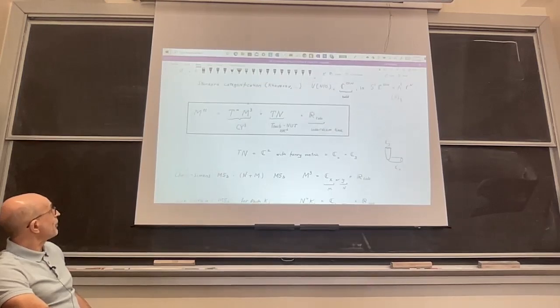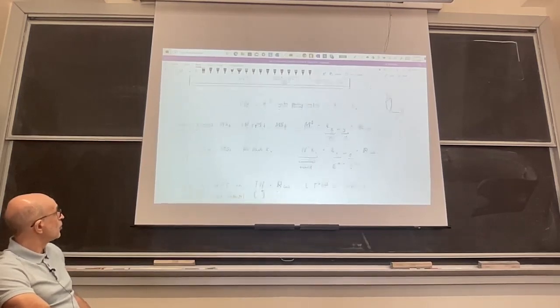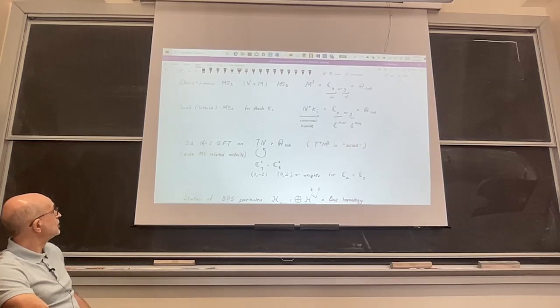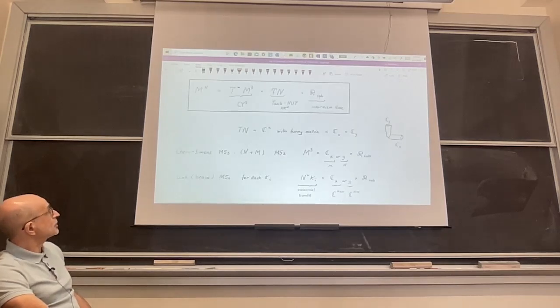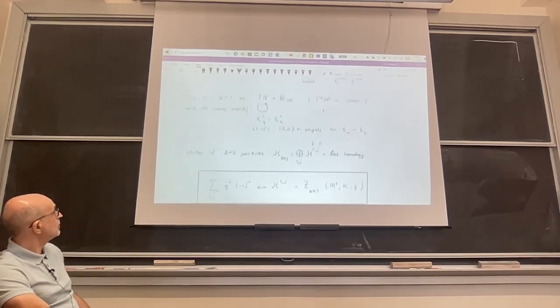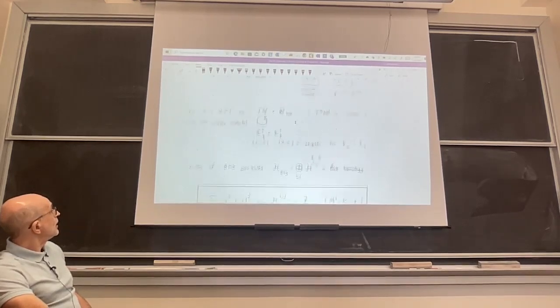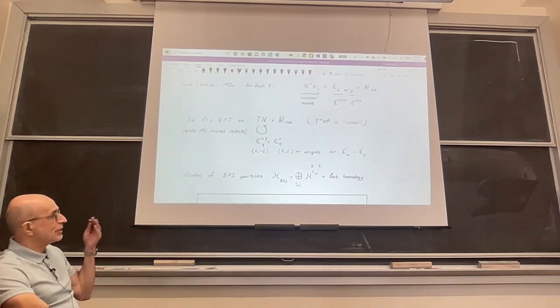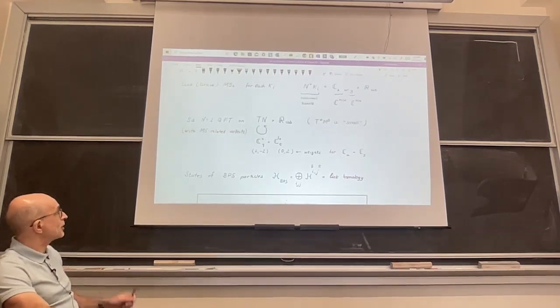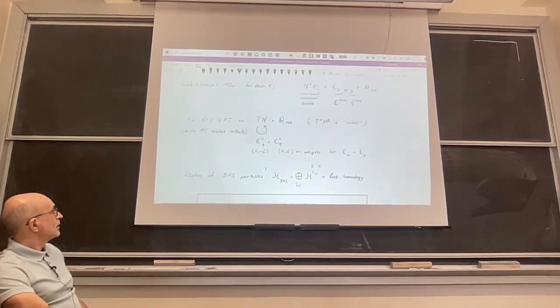So assuming that this thing is small, in quotes, you get a 5-dimensional theory on Taub-NUT cross cobordism time. And the question is how to count the states of BPS particles in that theory, whatever this means.